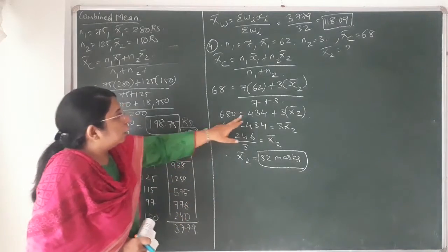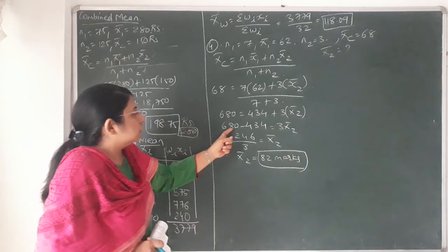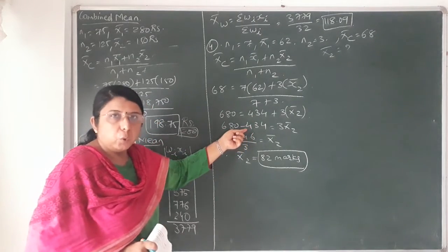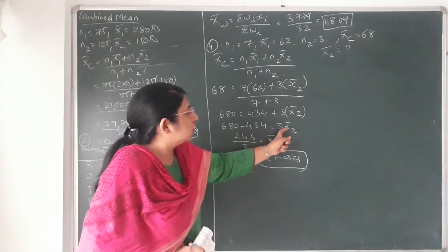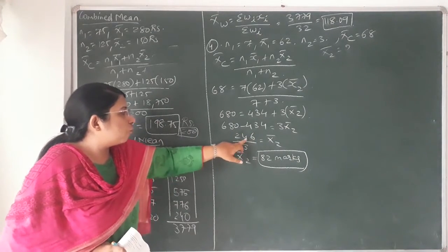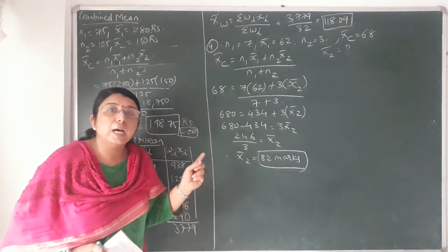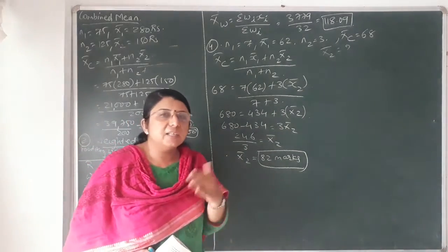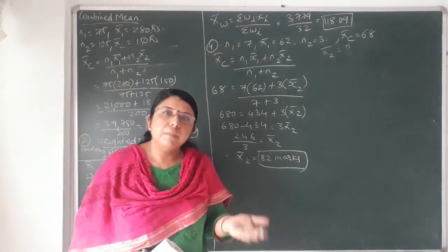Now what will I do? I will take 434 to the left hand side. So 680 minus 434, on the opposite side it becomes minus 434. So 680 minus 434 is equal to 3 x2 bar. Now doing the subtraction of these two values, you will get 246. Now this is in multiplication, on the opposite side it becomes division. You know these rules, students: plus will become minus, minus will become plus, multiplication will become division, and division will become multiplication.